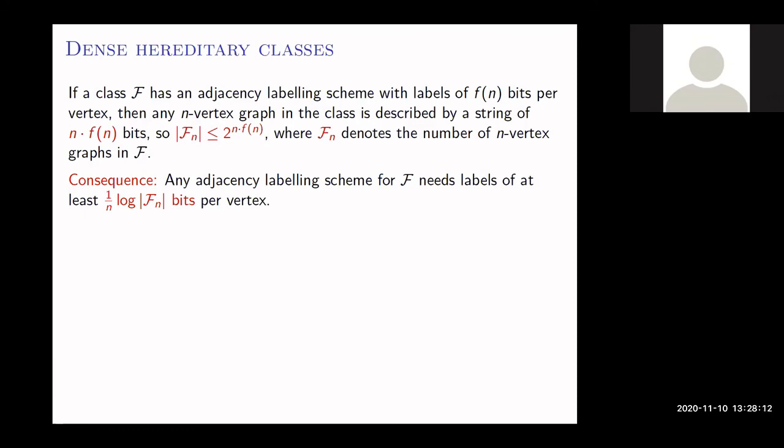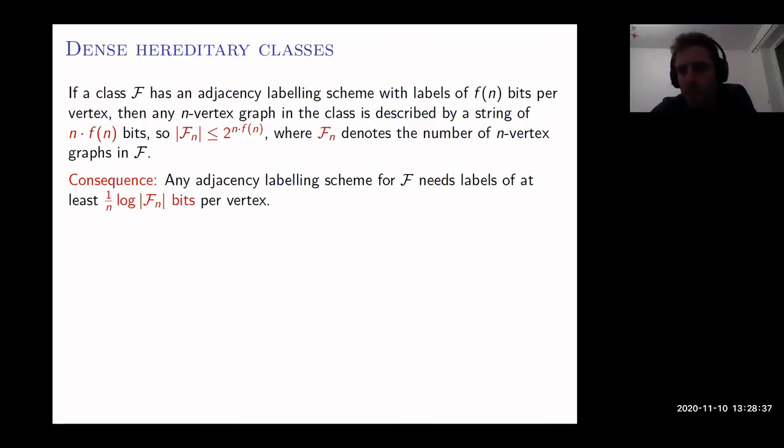I'd like to ask, I'm under the impression that the labeling scheme that you are describing can be adapted to a dynamic setting where the graph remains planar, but edges and vertices appear or are deleted over time. Okay, so the problem is that we use the product structure theorem, and the way we construct these binary search trees is very sequential.